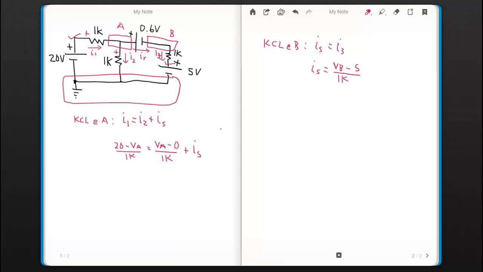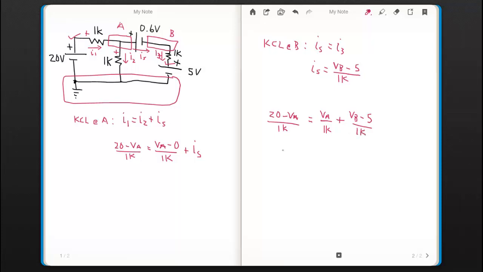Now I can take IS and plug it into the expression at node A. After I plug in my IS, we get 20 minus VA over 1K equals VA divided by 1K, plus VB minus 5 over 1K.